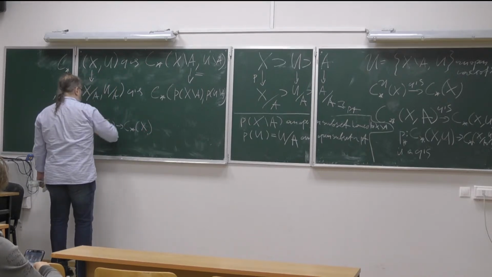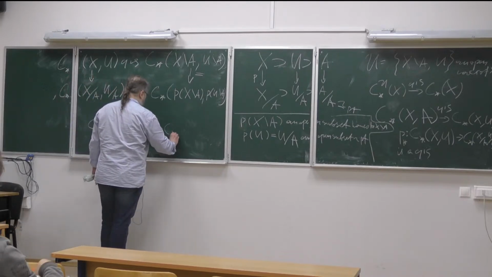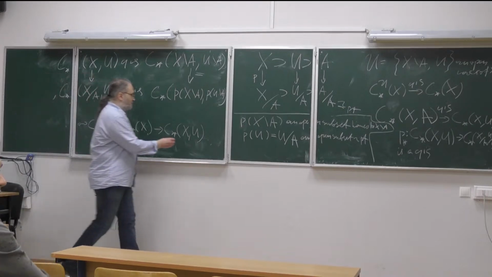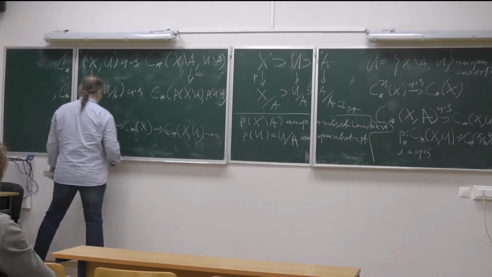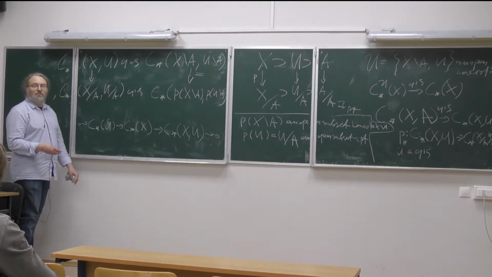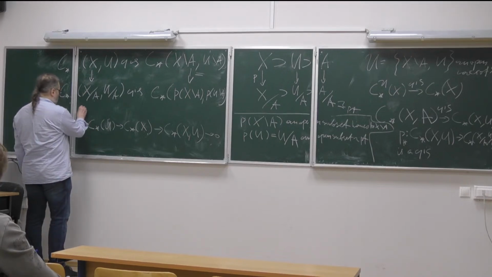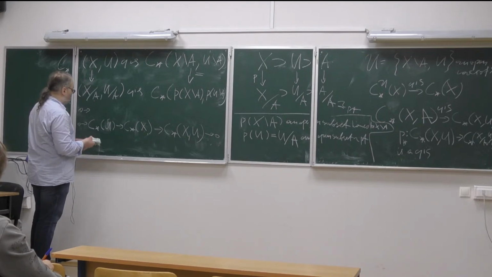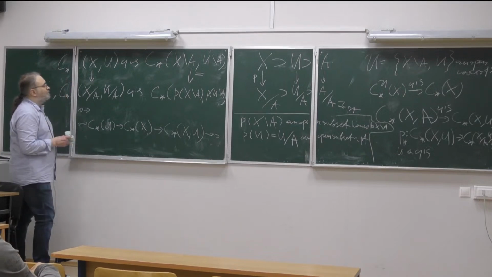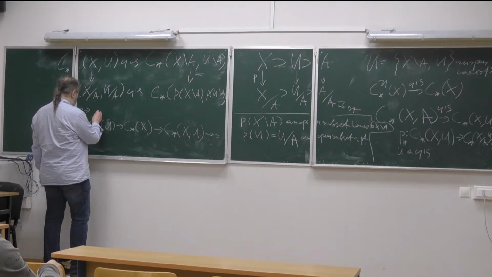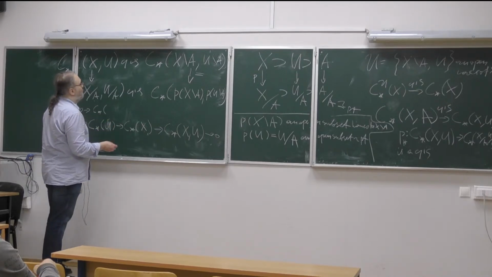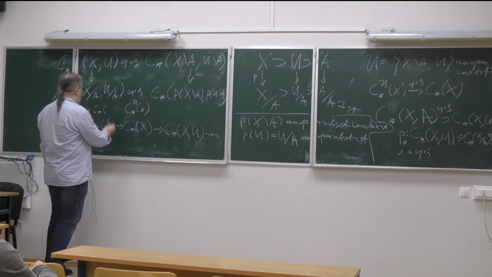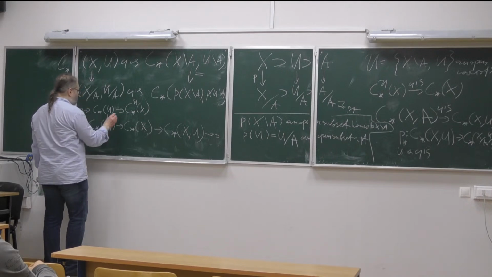Sorry, U. Okay, here I have C_U of X. Well, let me take again C_U, the identity.